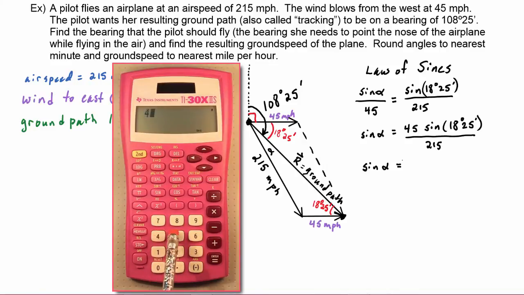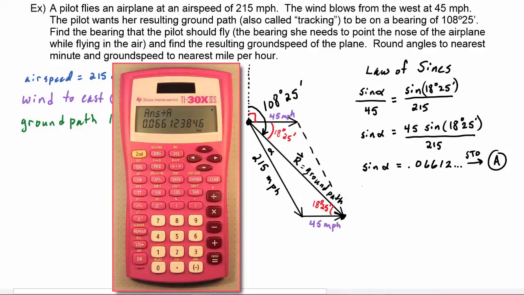We have 45 times the sine of 18, hit the degree symbol, 25, we've got to get minutes, close the parenthesis, divided by 215, and we get 0.06612, etc. So you know what we're going to do. We'll store that in memory location A. So store A.